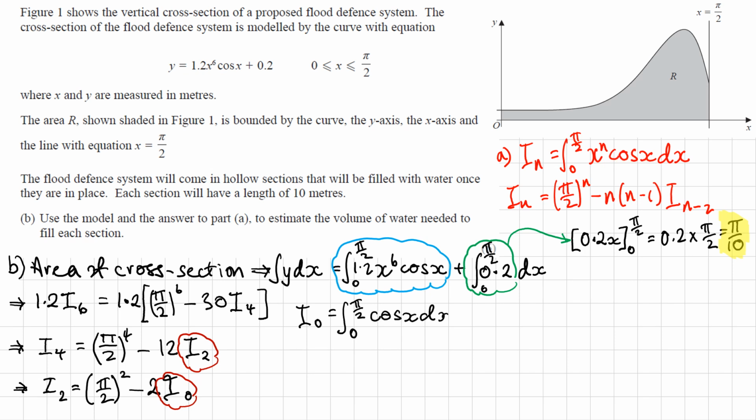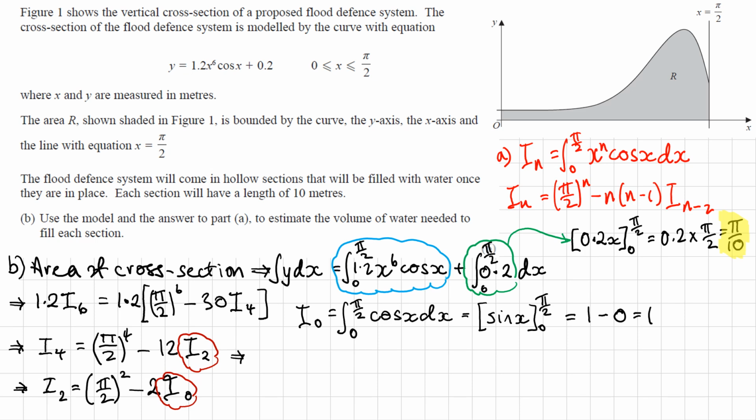So we're going to evaluate this, so we'll integrate cos x, that's going to be sine x, between these limits of 0 and pi over 2. So sine pi over 2 is 1, sine 0 is 0, so that's going to be 1.